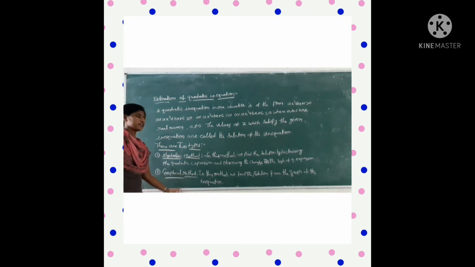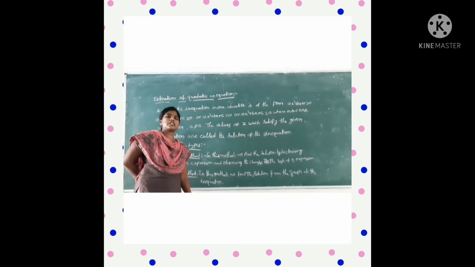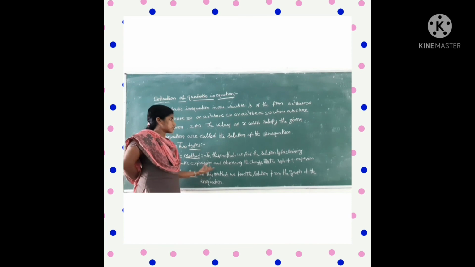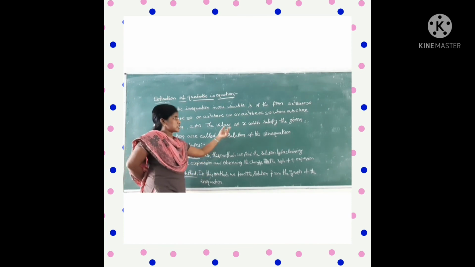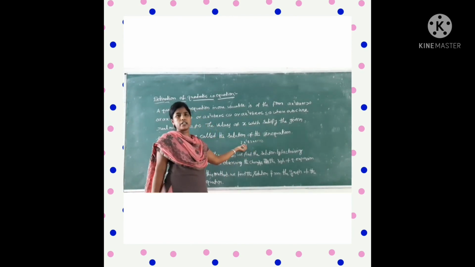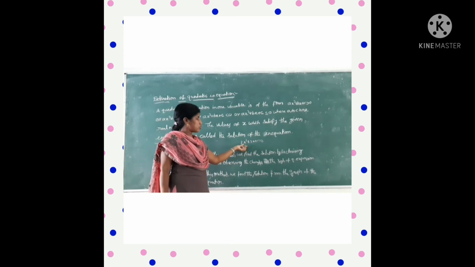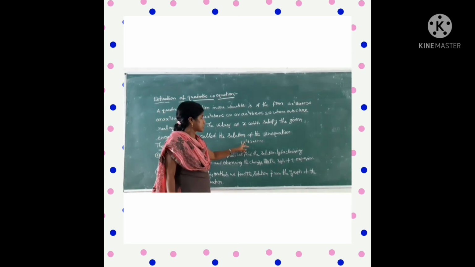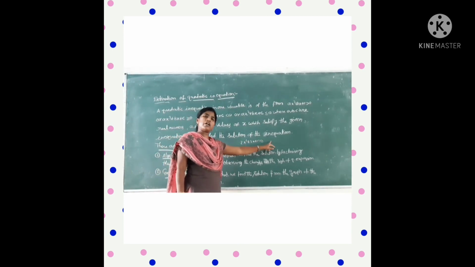Second one is the graphical method. Graphical method means we take some quadratic equation, for example 2x square plus 3x plus 1 is equal to 0. In this place, we substitute x as 0, and we get the value 1.